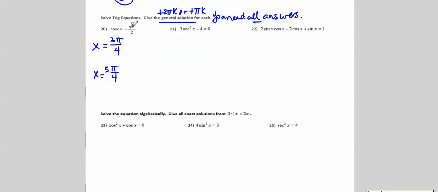And remember, you can do circles as many times as you want, so there are really an infinite number of answers. So you can add 2 pi any positive or negative amount of times that you want. So as long as you know that k is an integer, then you can add any number of 2 pi's or any negative number of 2 pi's you want to both answers.